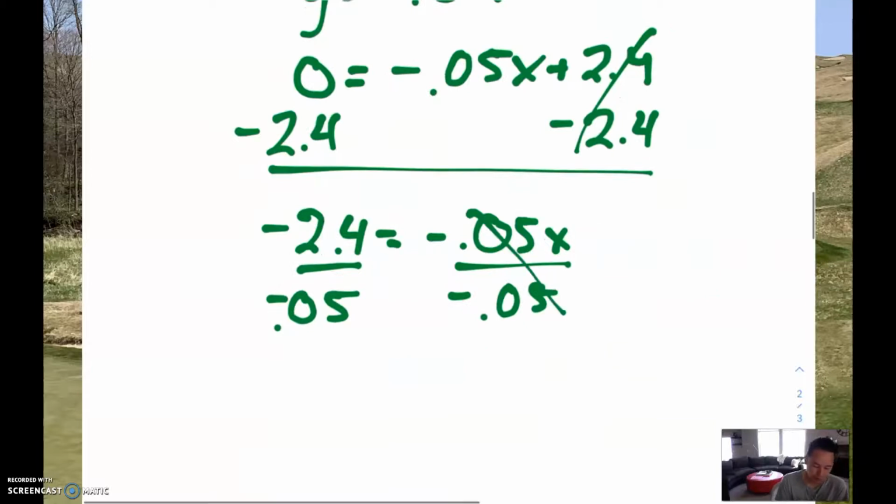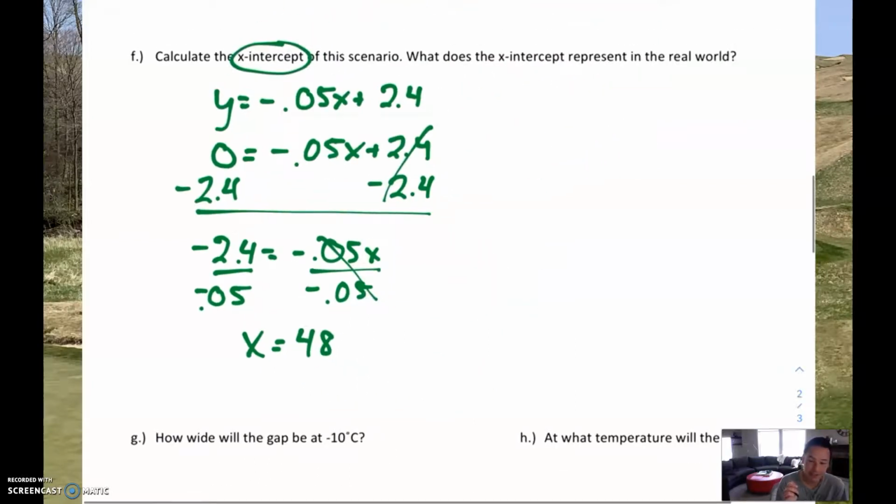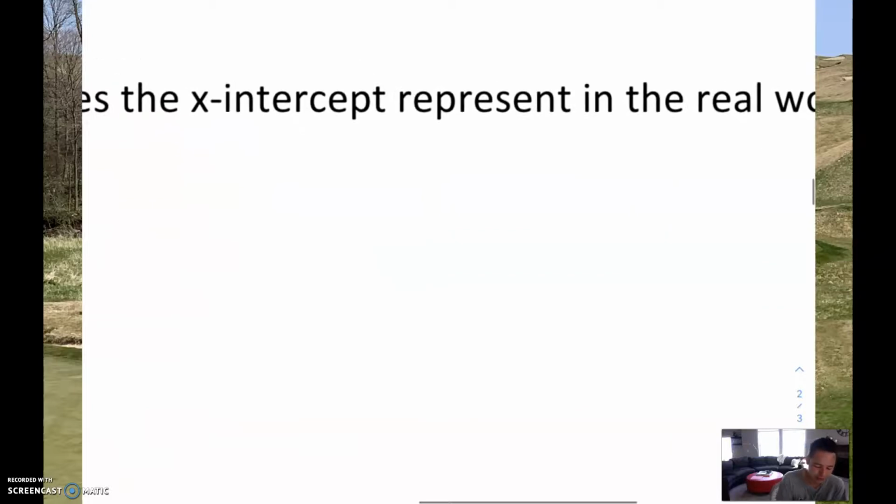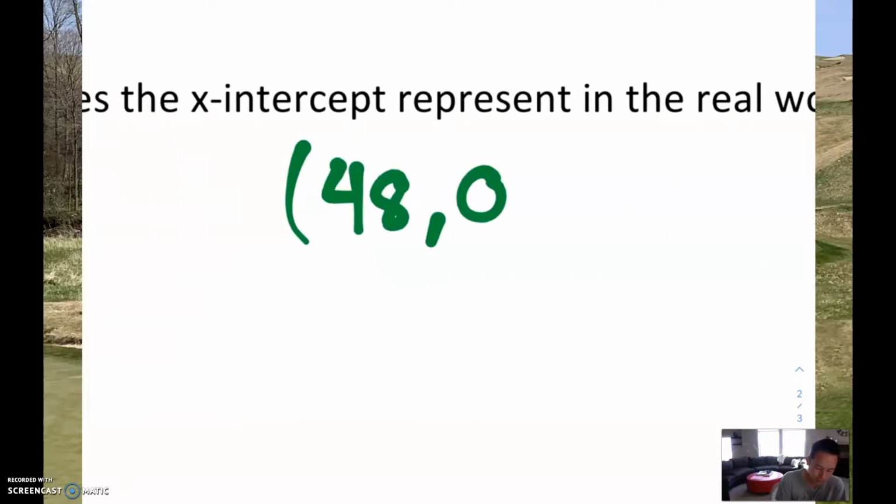And when you do that, we get x equals 48. Now we have to interpret what that means. It's easier to interpret if you write it as a coordinate. We have 48, that was our x, and we knew that the y was 0 because it's an x intercept.